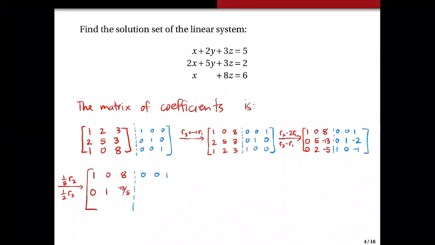In here, we have 0, and then 1 over 5, negative 2 over 5. For row 3, we divide it by 2. We will have 0, 1, negative 5 over 2. In here, you have 1/2, and then 0, and then negative 1/2.